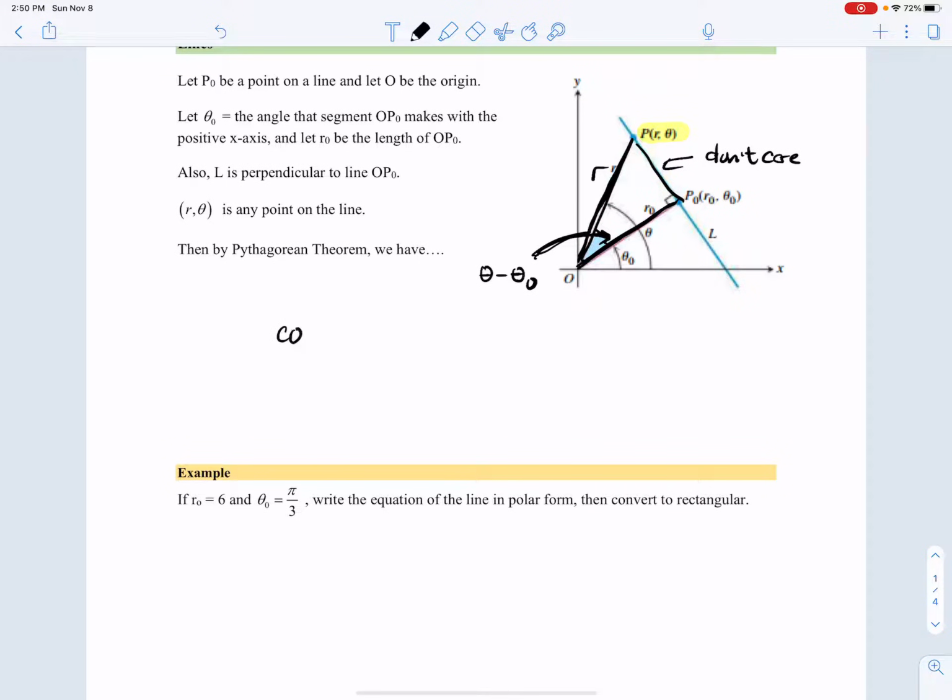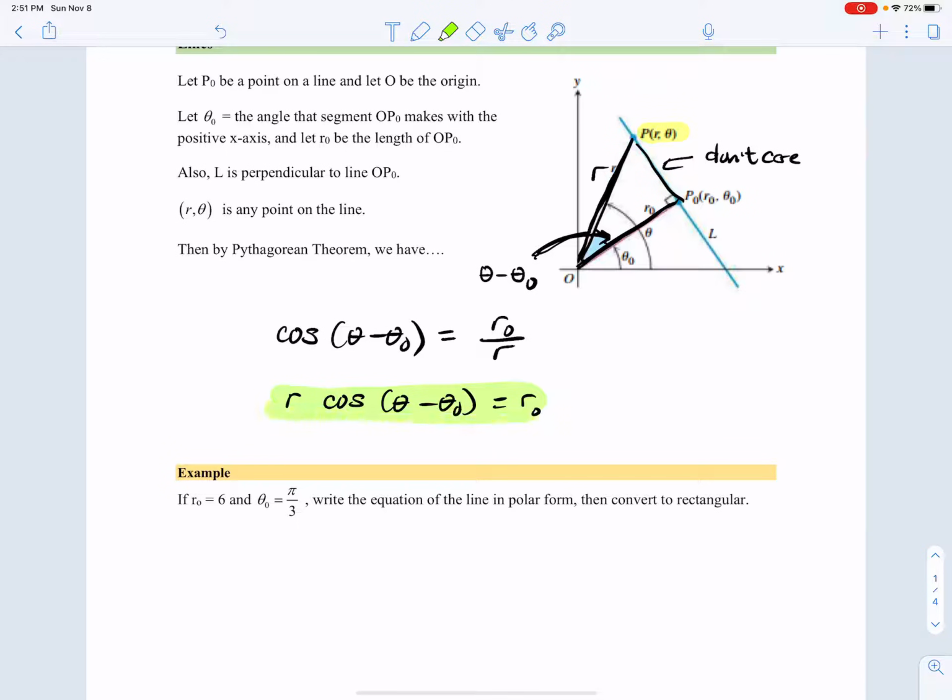So I'm going to say that cosine of theta minus theta 0 is equal to the adjacent side, which is r0 over r, the hypotenuse. Now, we don't normally like to leave equations in fractional form, so I'm going to write r cosine of theta minus theta 0 equals r0.